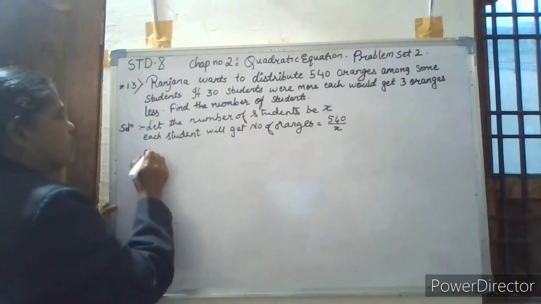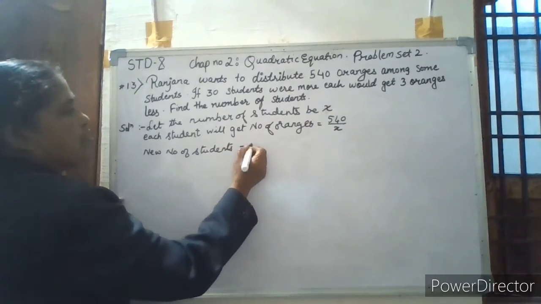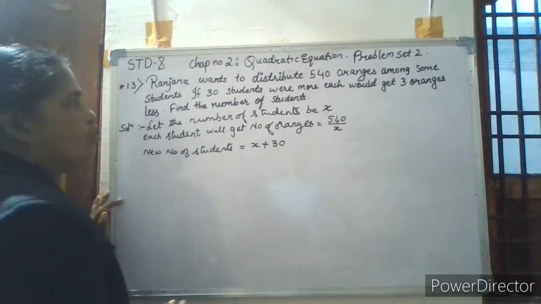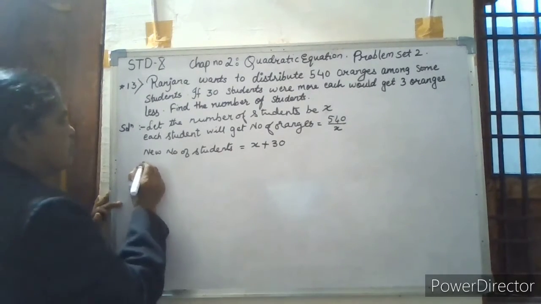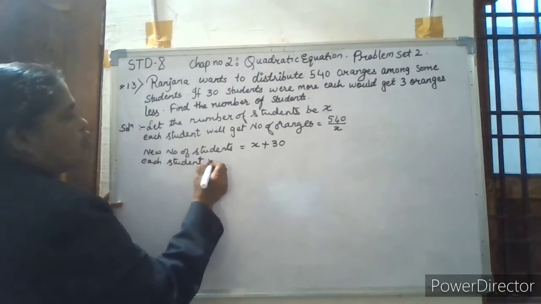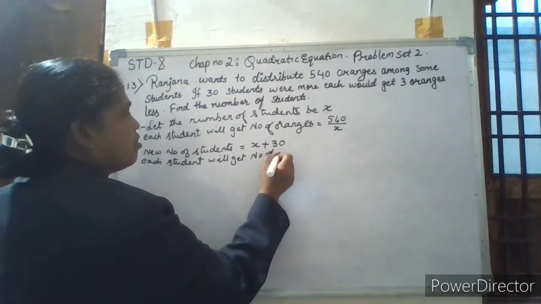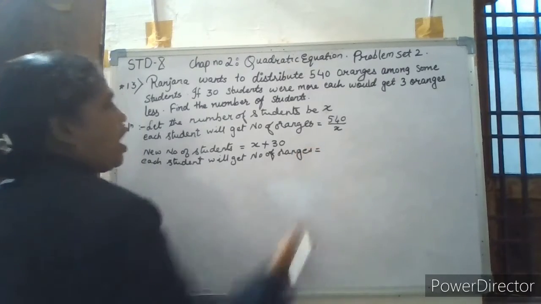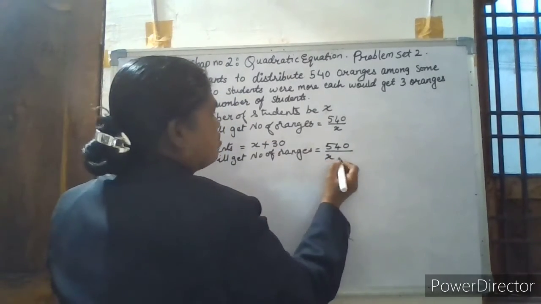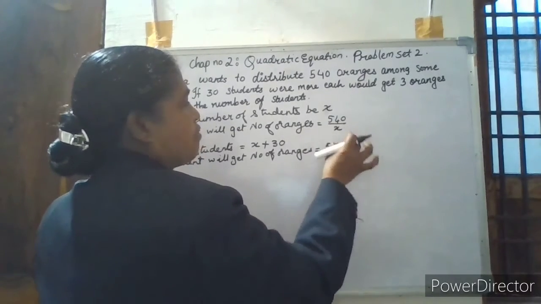So the new number of students is x plus 30. Since the number of students has increased, each will get fewer oranges. Following the same method, each will get 540 divided by x plus 30 oranges.